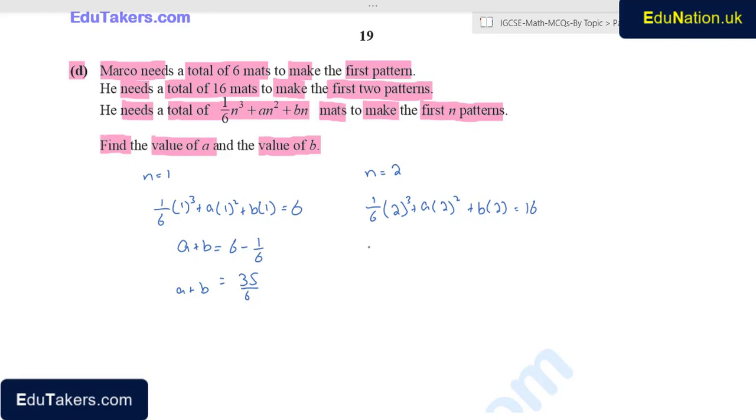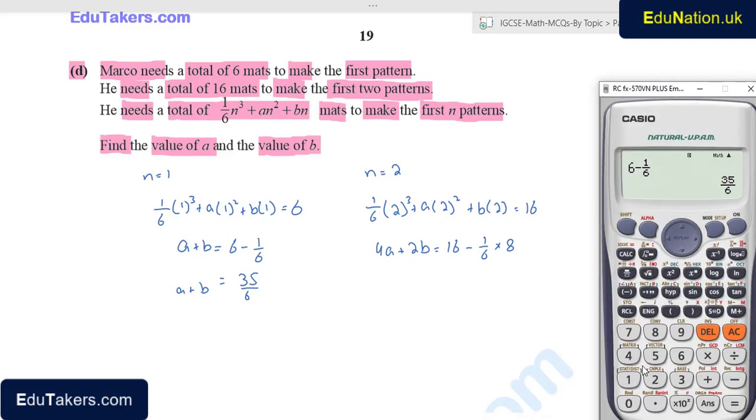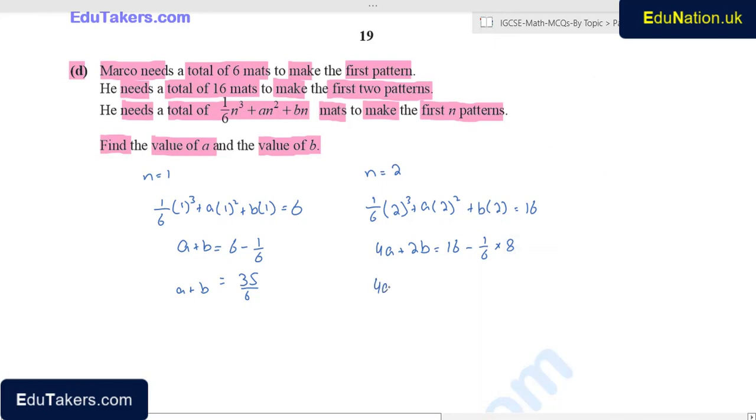Now this will be 4a plus 2b equals 16 minus 1 over 6 multiplied by 8. 16 minus 1 over 6 multiplied by 8 is 44 over 3. 4a plus 2b equals 44 over 3.